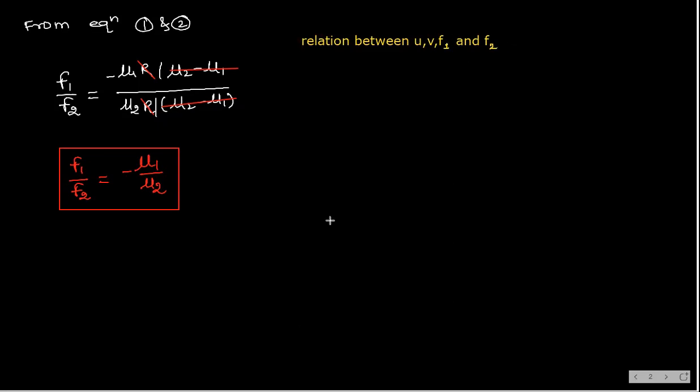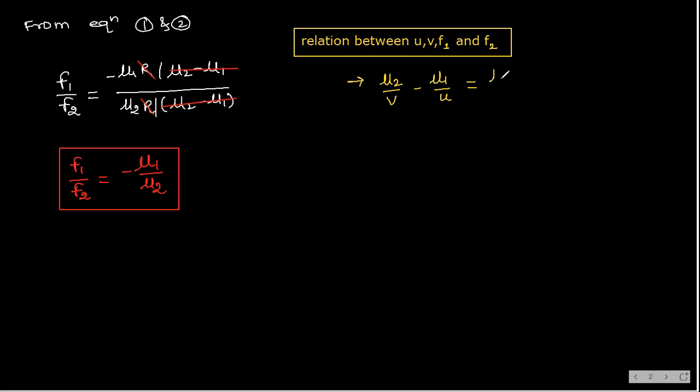This is what we are going to derive now, the relation between u, v, F1 and F2. Now you see, what is our equation? Mu2 by v minus mu1 by u is equal to mu2 minus mu1 by r.